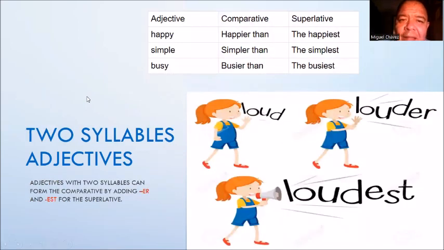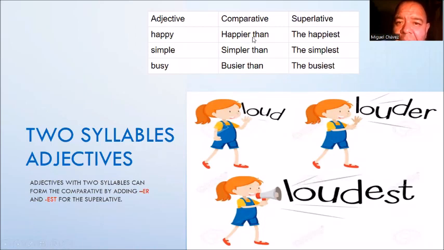If we have an adjective of two syllables, we can form the comparative by adding er and est as with the adjectives of one syllable. But be careful because we have happy that ends in y. We have to change y to i before adding er.